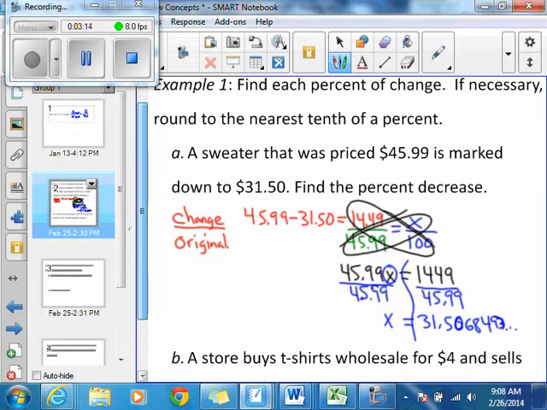The directions say round to the nearest tenth of a percent. The tenths place is right after the decimal point. That 5 is in the tenths place. Look at the 0 next to it. That 0 next to it tells me to keep it the same. So my percent is going to be a 31.5% decrease in price.